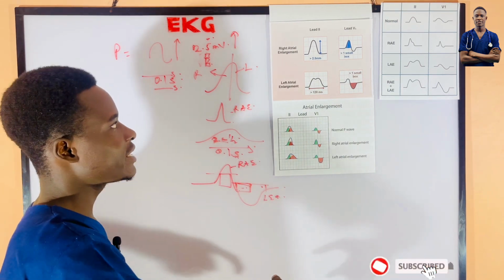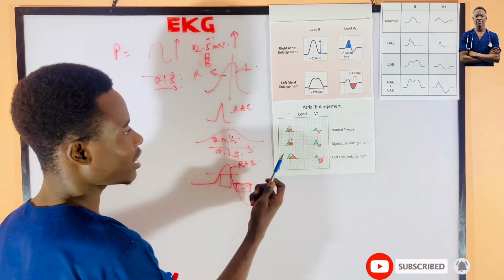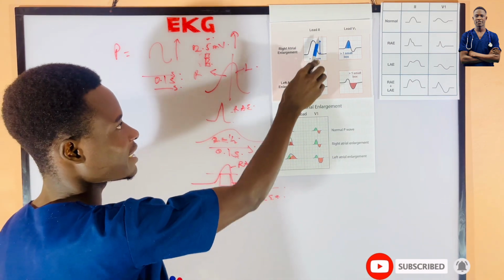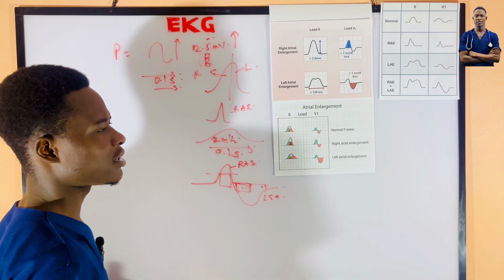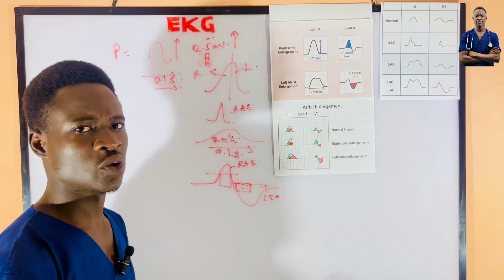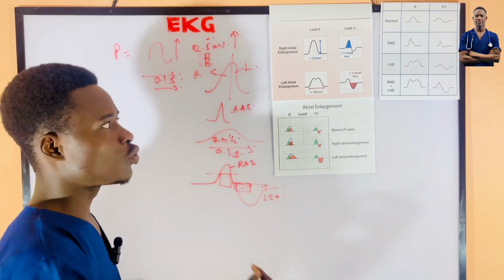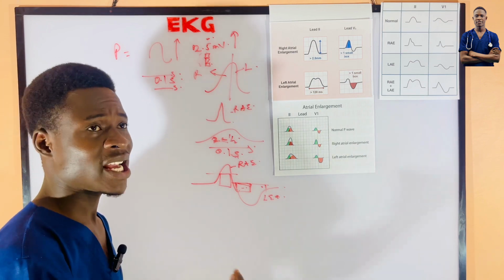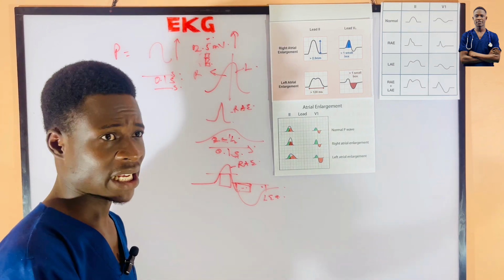When the P wave increases in height, now let's look at something. When the P wave increases in height, which is more than 2.5 millivolts, or more than 2.5 boxes, we say we have a right atrial enlargement on the second lead.